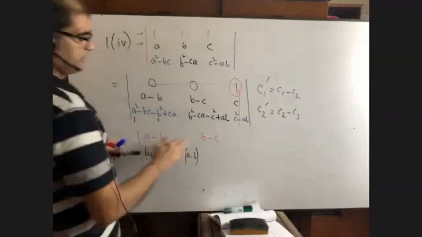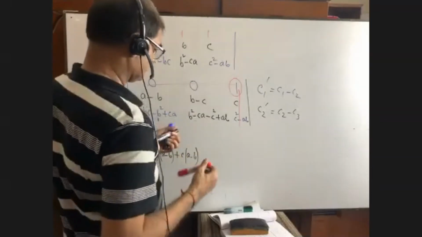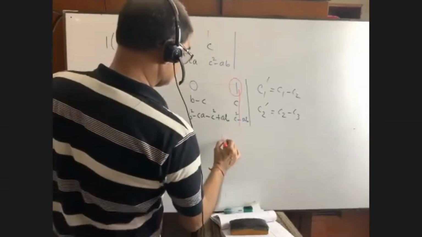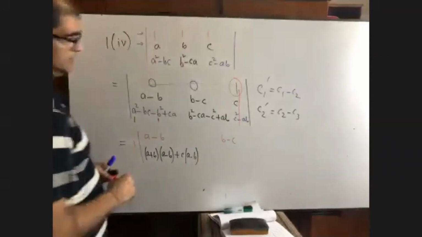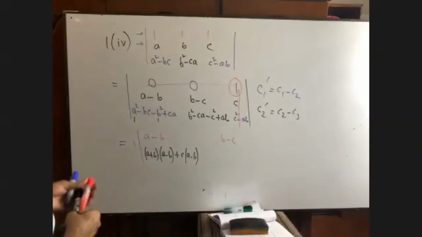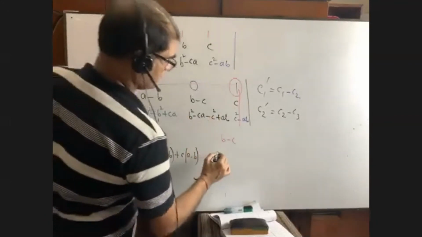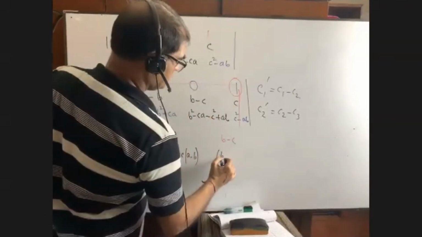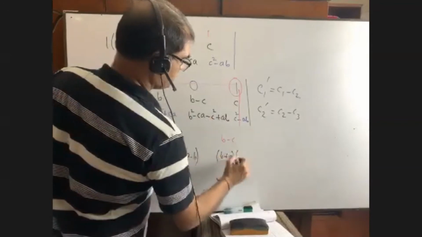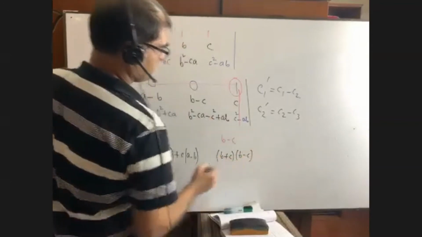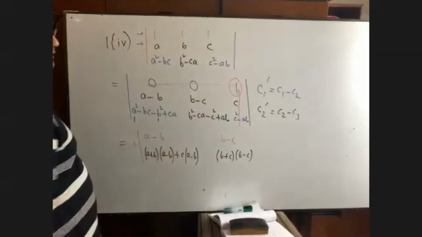Here b minus c I am writing, here b minus c. Then what are we getting here? b square minus c square equals what? Let me know. b plus c into b minus c, that is b square minus c square.